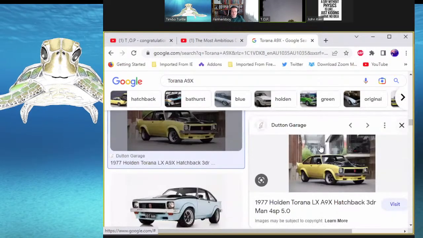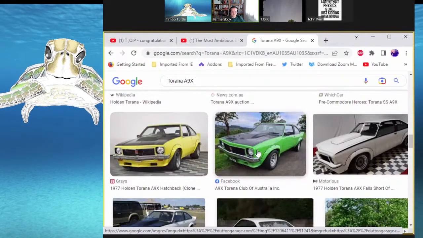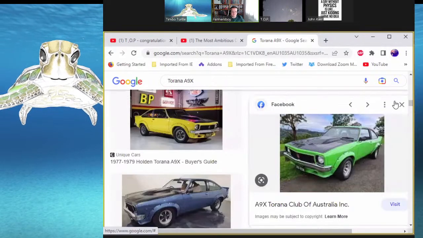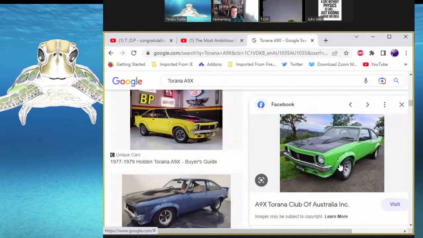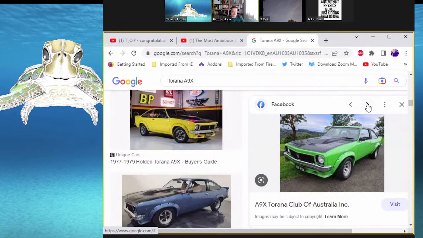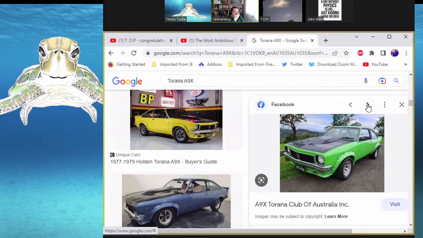I don't think we had an equivalent of that over here. Not looking at it, no, probably not. Holden was pretty much, you know, at the time. That's not a green Australian, is it? That's green, but it's the variated green. That's not what they sold. I don't think they came out in that colour.